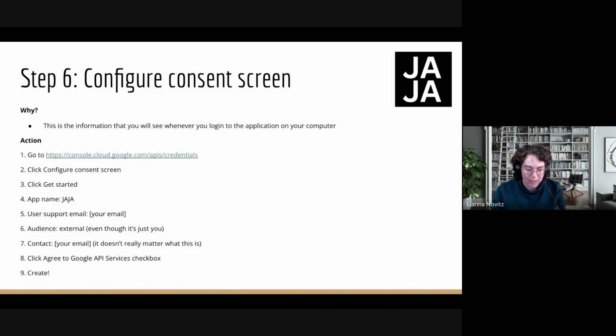And then when it asks you for user support email, just put your Gmail address, and then contact is your Gmail as well. And the app name, you can just put JAJA, and then click create.